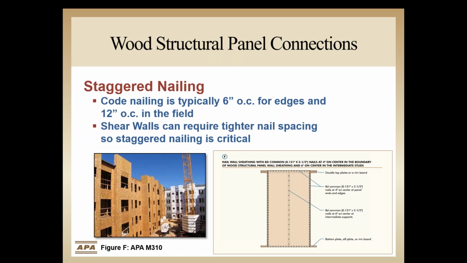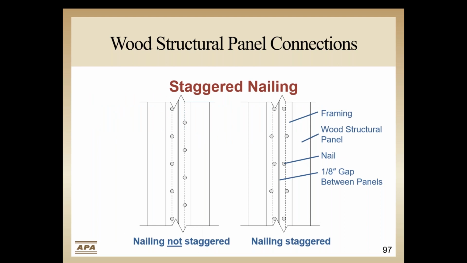Typical nailing of wall sheathing is 6 inches on center along the panel edges and 12 inches on center in the field. With these designs, tighter nail spacing, such as 4 inches on center on the panel edges and 6 inches on center staggered nailing patterns are often required. Not staggering nails can cause splitting of wood. NDS and structural composite lumber manufacturers have minimum distances to be maintained when nailing into the edge of different products like LVL, LSL, and PSL.